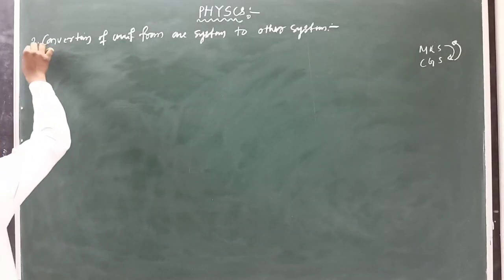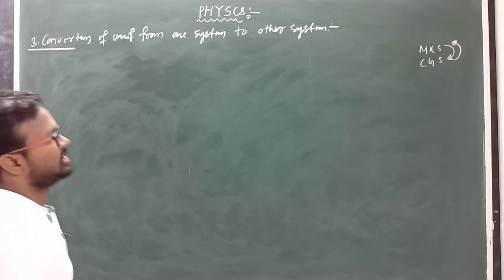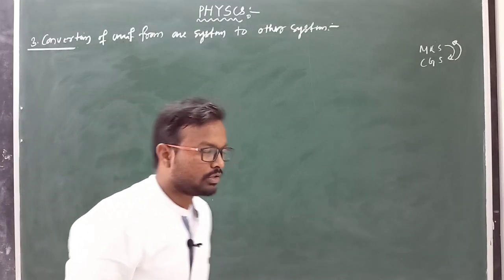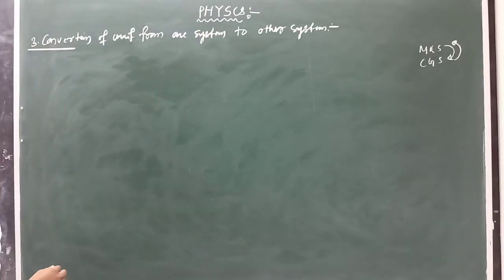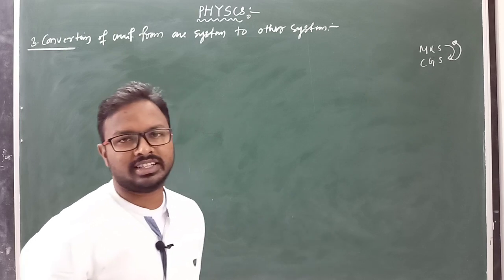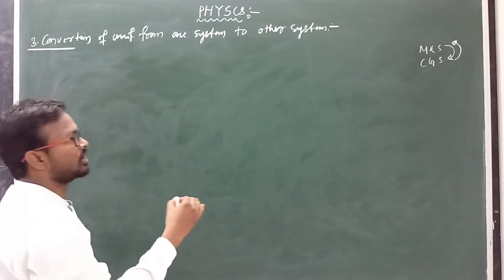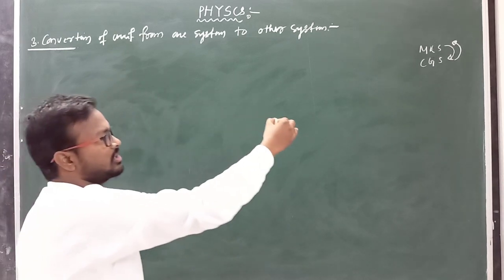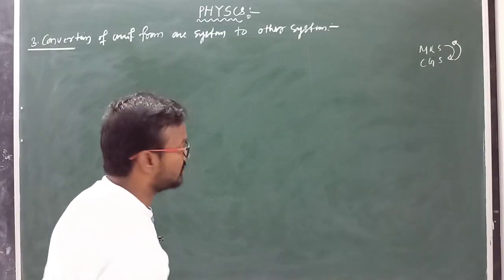Clear? So here we deal with conversion of unit from one system to another system. Okay. Now first we have to know just the theory about how to convert a unit or how to convert a physical quantity from the SI system or MKS system to the CGS system.